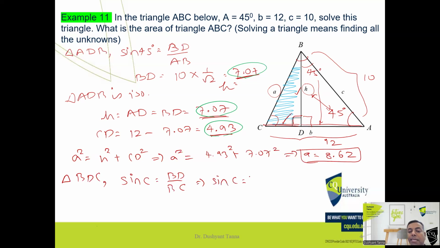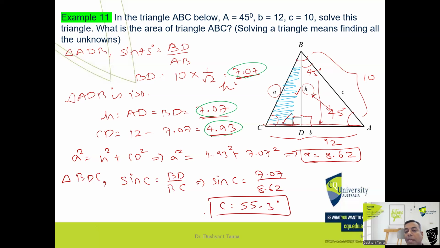Therefore, sine C is equal to BD over BC. BD is H, which is 7.07, over A, which is 8.62. And C will be sine inverse of that, which is 55.3 degrees.